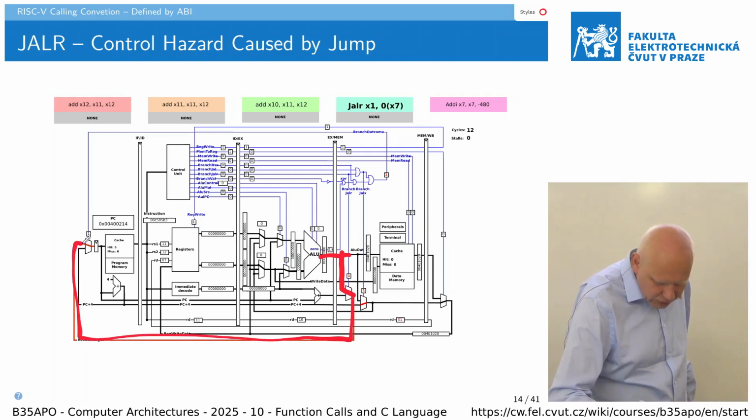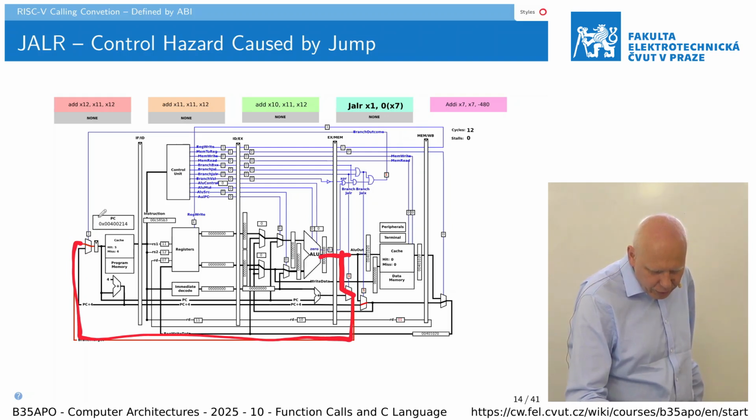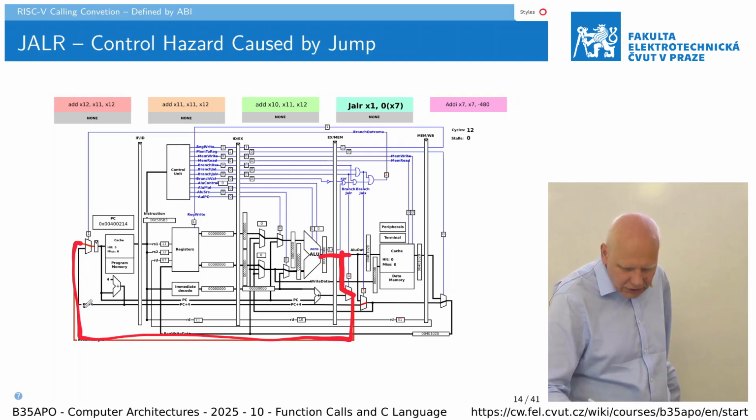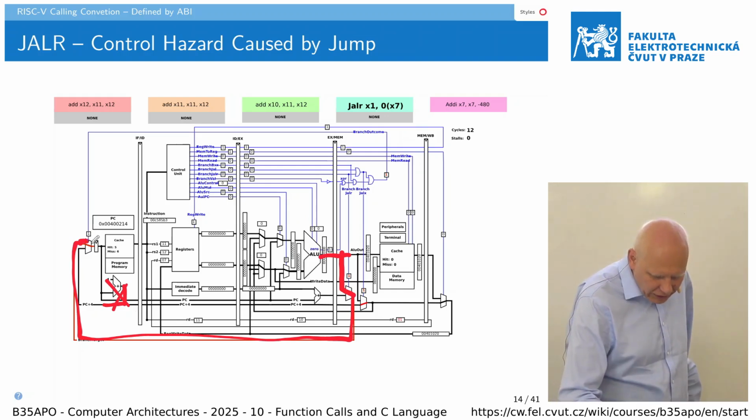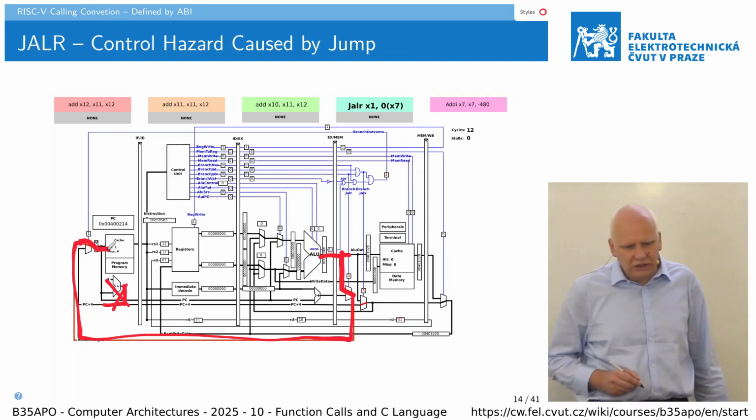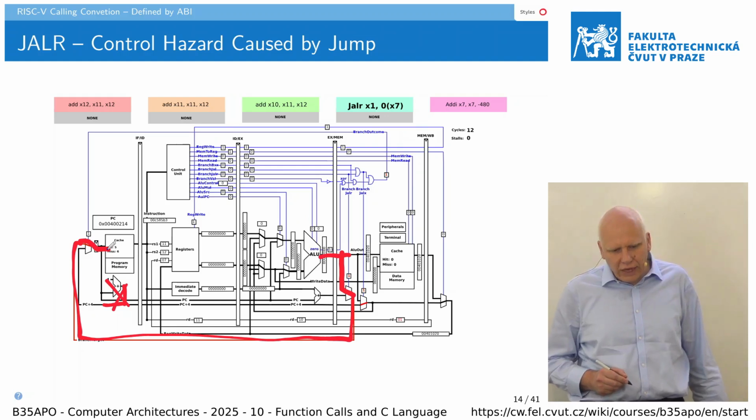Now it goes through this signal to the input of the program counter, which doesn't advance to the next instruction, which would be provided here, but instead it branches to the new address.